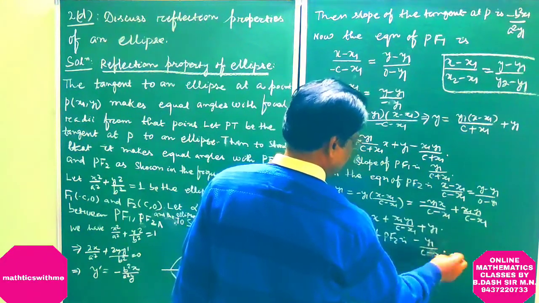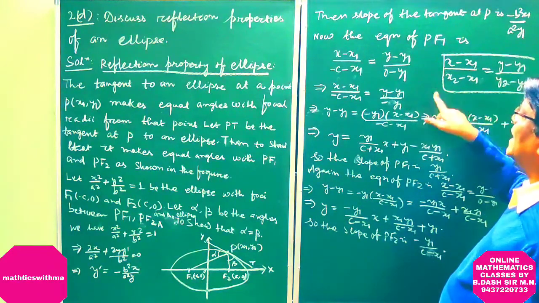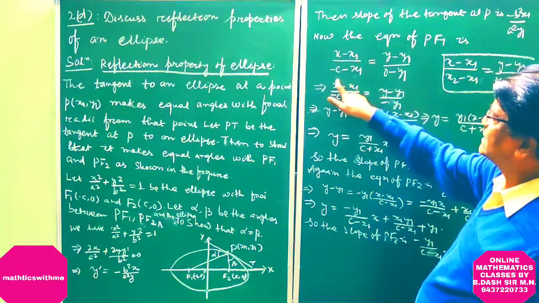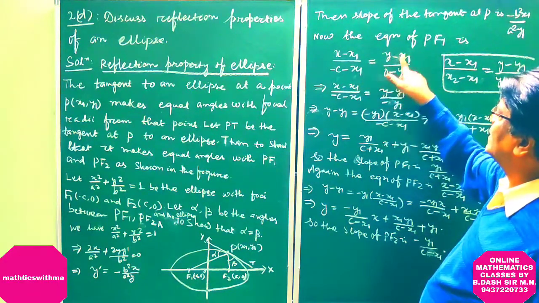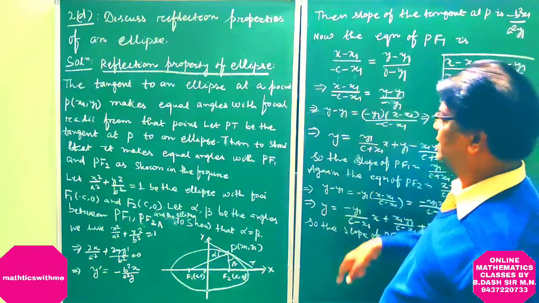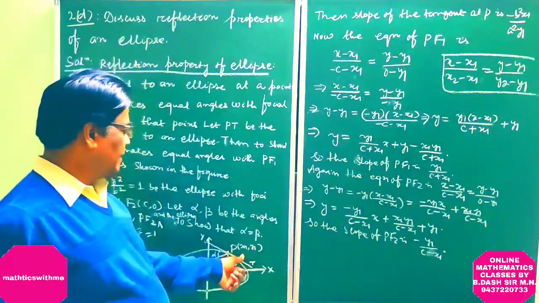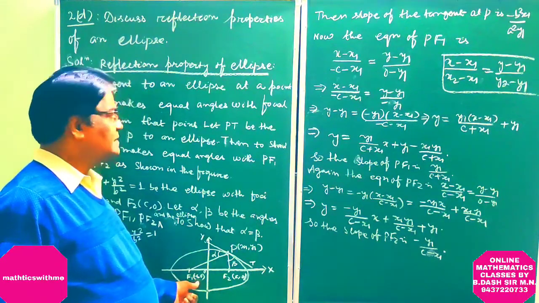So the equation of PF1, applying the two-point formula, is (x − x1)/(−c − x1) = (y − y1)/(0 − y1), because the coordinate of P is (x1, y1) and the coordinate of F1 is (−c, 0).